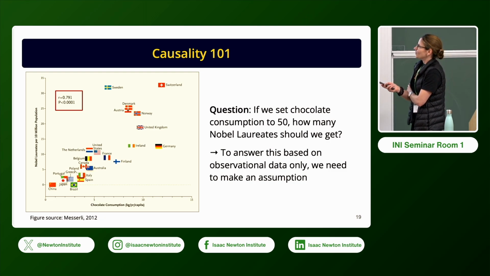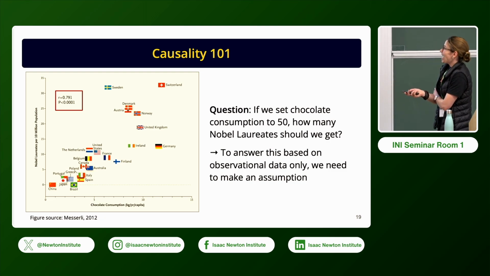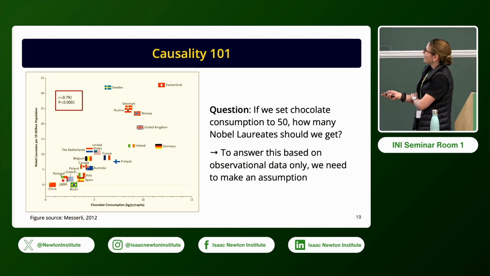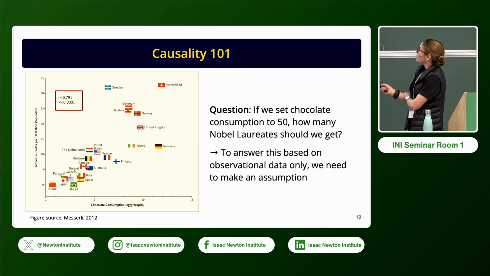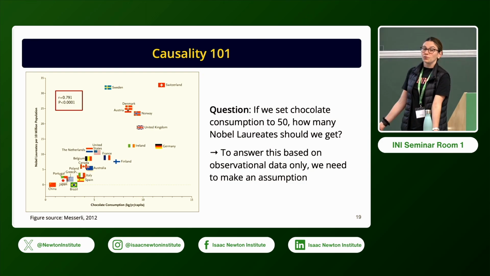And a meaningful question is asking, if we were to set chocolate consumption to 50, so this only goes to about 15, actually nobody has 15 kilograms per year per capita. But if we extrapolate this and set chocolate consumption to 50, what is a sensible prediction for the number of Nobel laureates?